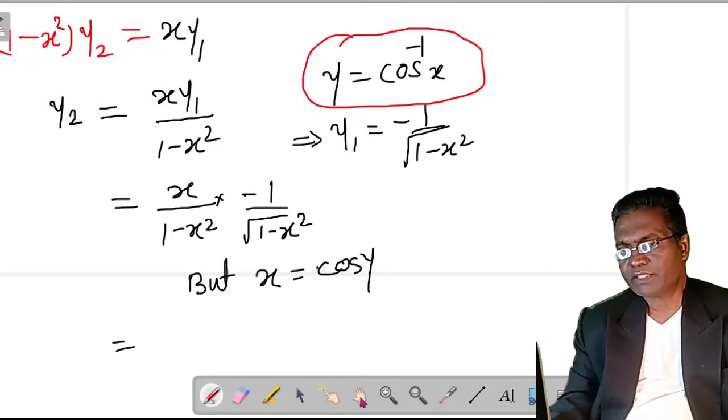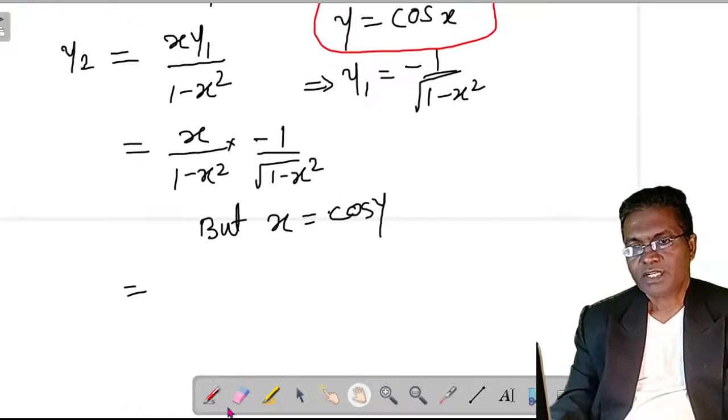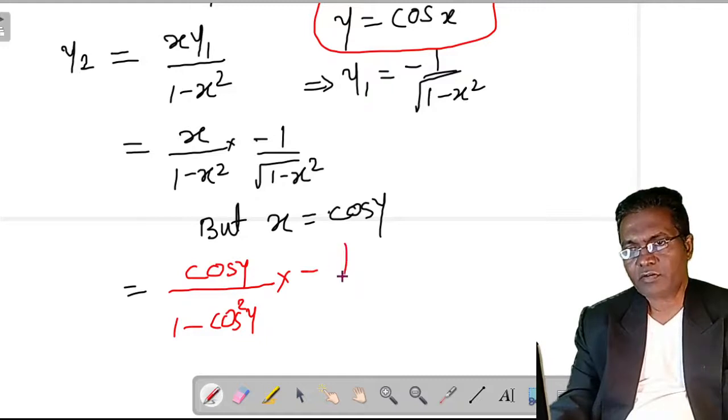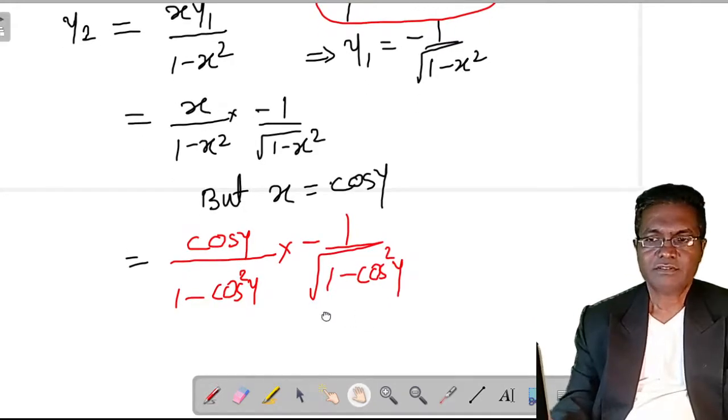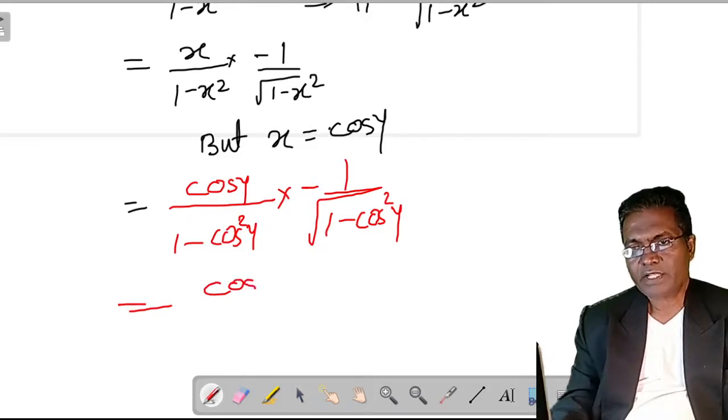Okay, one can skip this if they are not understanding. Now you can substitute in terms of y. So this is cos y by (1 minus cos square y) into minus of 1 by under root 1 minus cos square y. So replacing x in terms of y, very simple now. This is cos y. 1 minus cos square means sin square y.